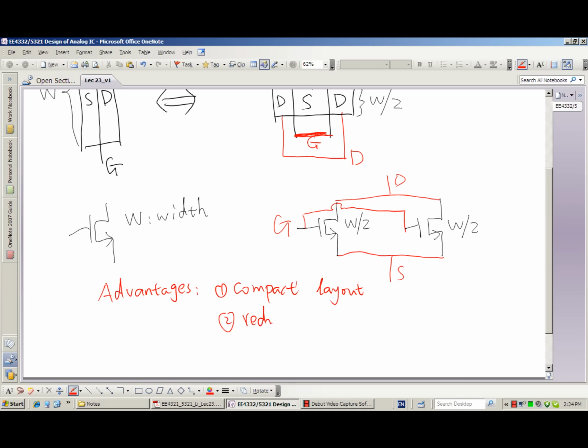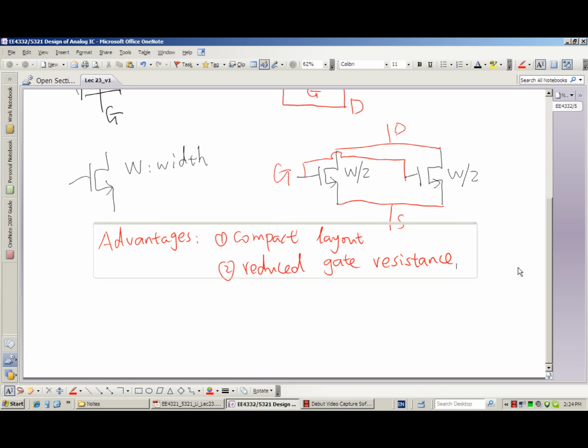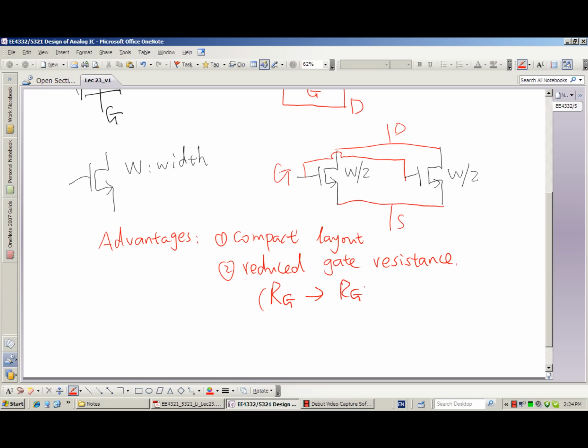Moreover, we have reduced gate resistance. In this example, we reduce the gate resistance from Rg to a quarter of Rg.